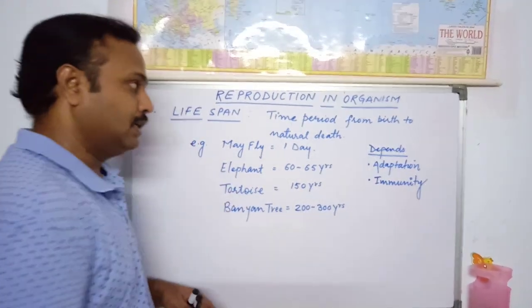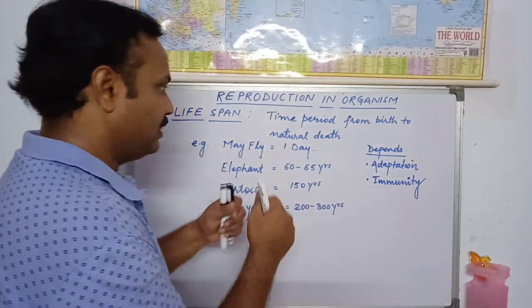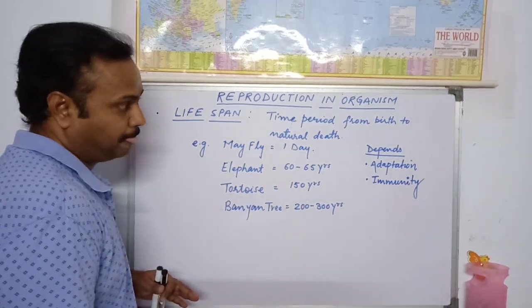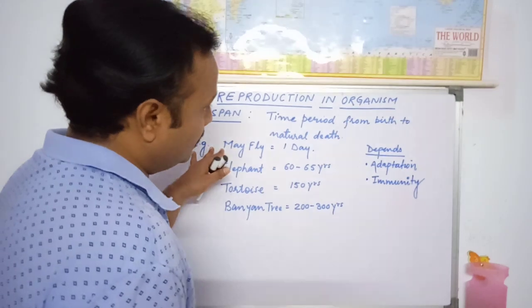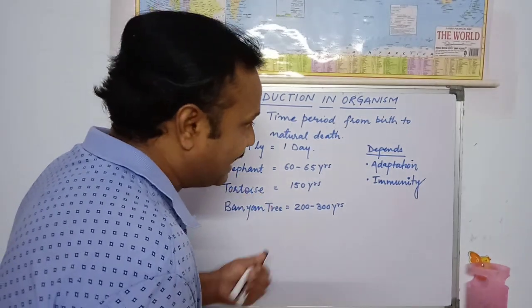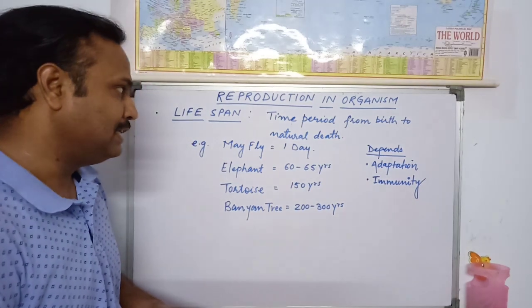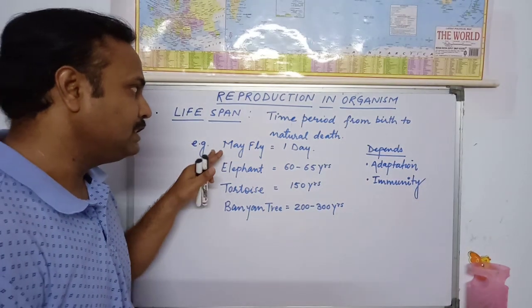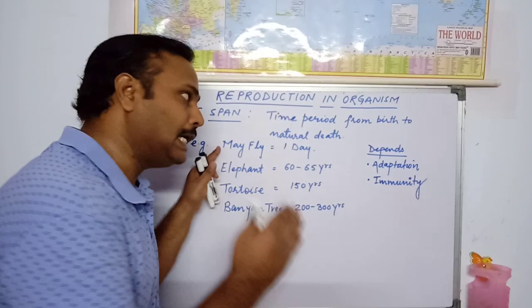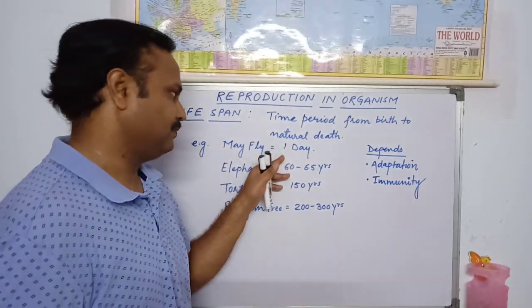But here there is a very very interesting thing. If the adaptation is less and immunity is less, then nature will increase the fertility rate in these organisms.